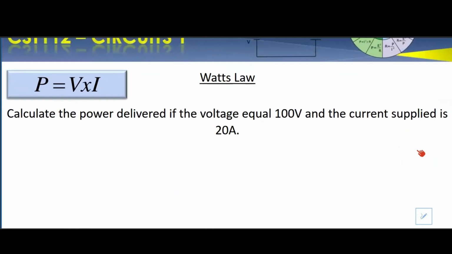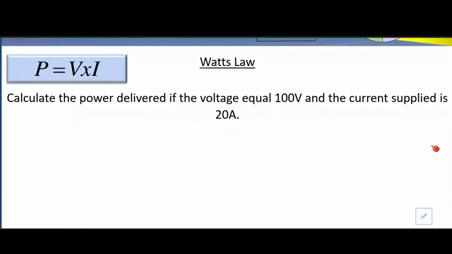All right, so the next one is another one related to Watt's law. It says: calculate the power delivered if the voltage equals 100 volts and the current supplied is 20 amps. So we're trying to find the power, P equals question mark.